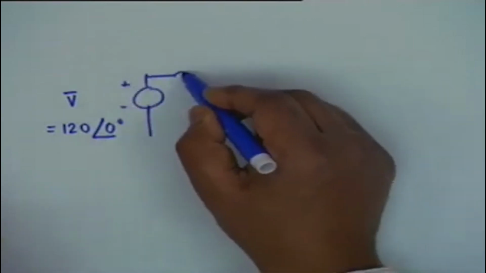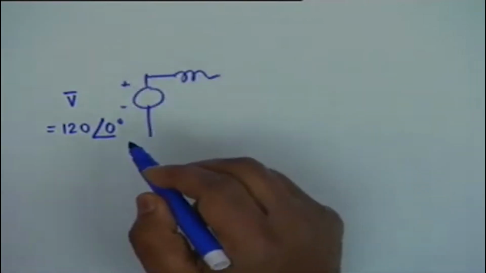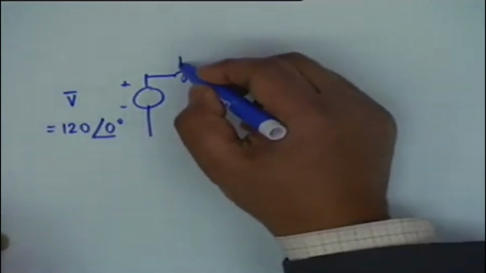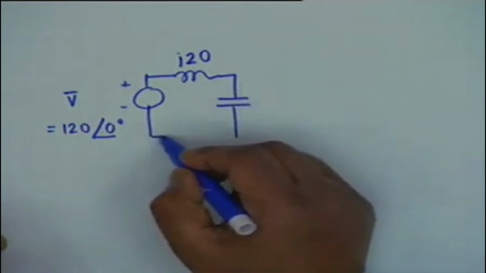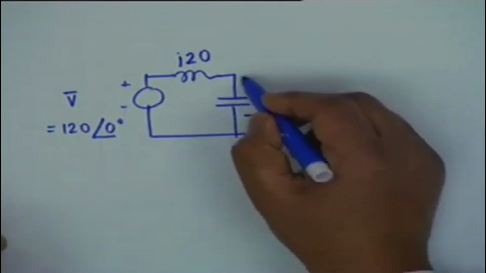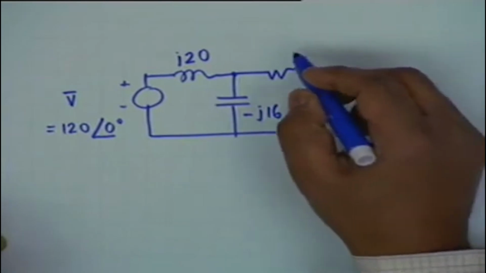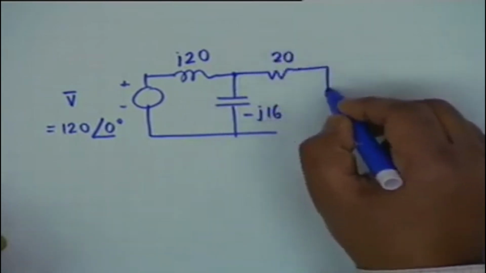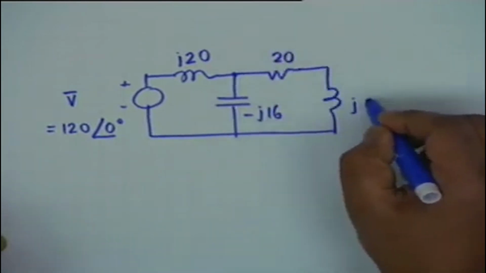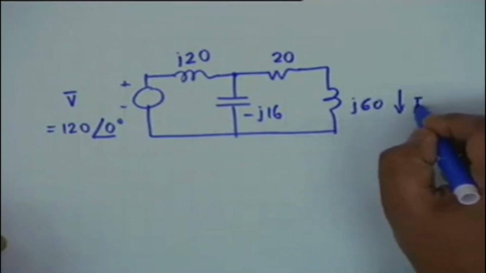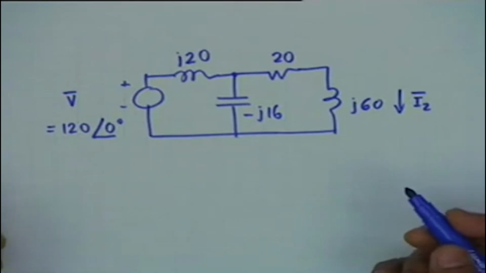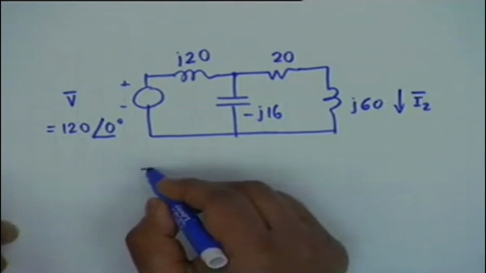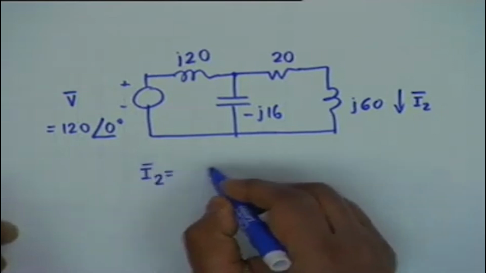Then we have, now you talk in terms of impedance, because this is what you shall have to manipulate, j times 20 and then minus j times 16, and now it is 20 plus j times 60, and this phasor is I2, and I2 can now be written down by inspection.